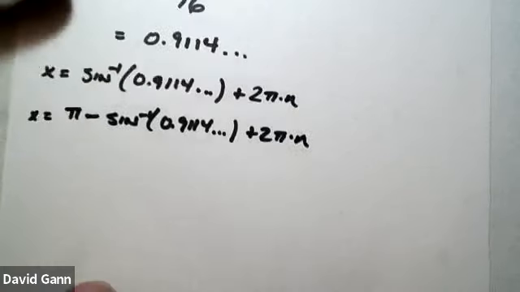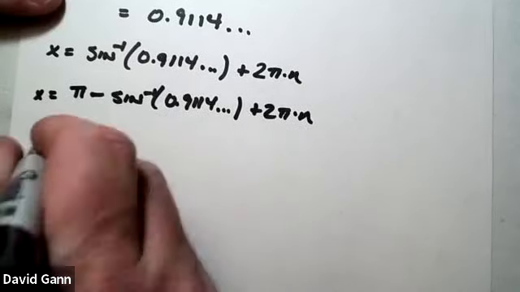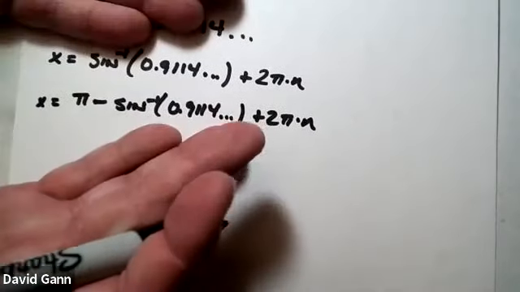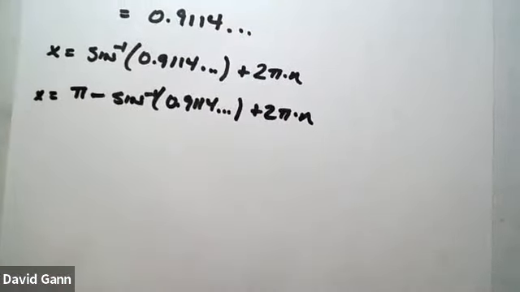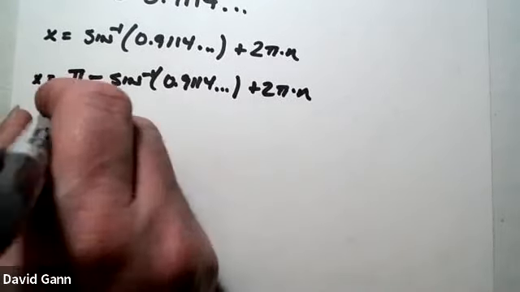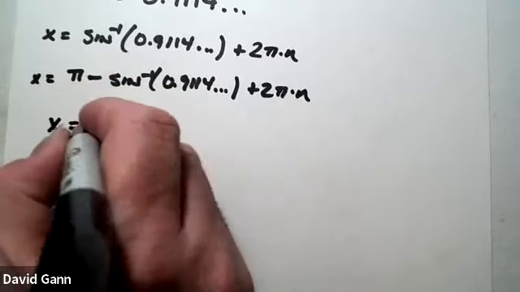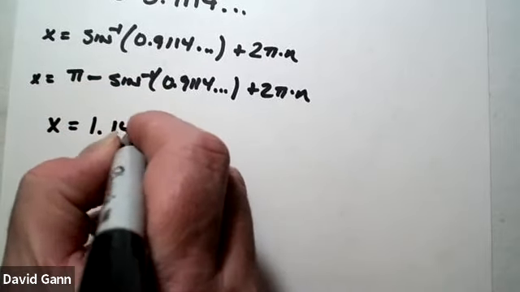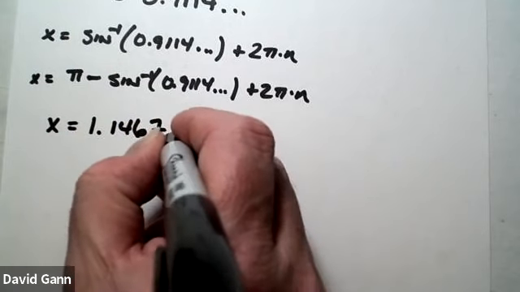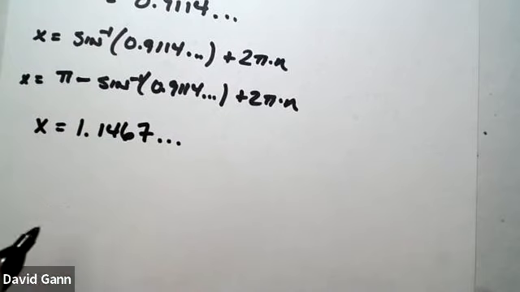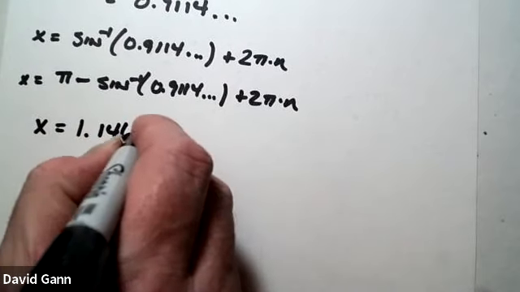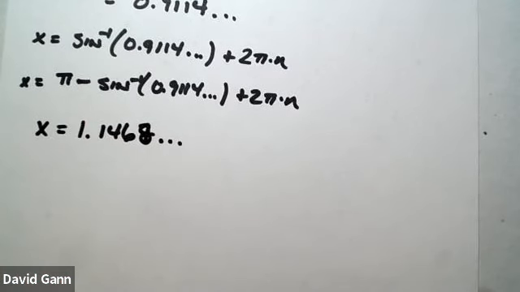This is the result right there, but if we want the values between 0 and 2 pi, the first one is 1.1467 something, which rounds up to 1.1468. So maybe I'll put it in as that because we need to give it some kind of value.